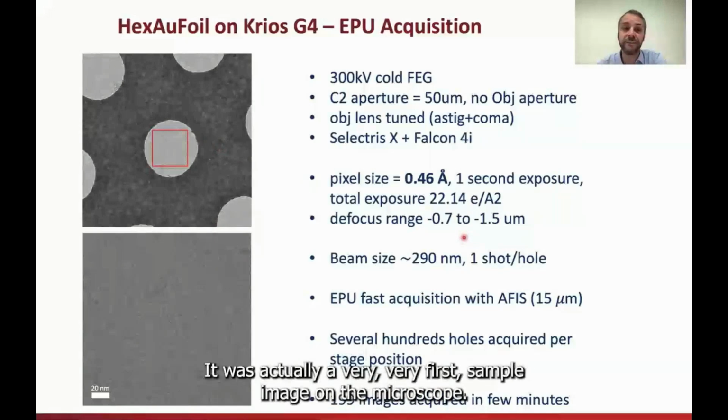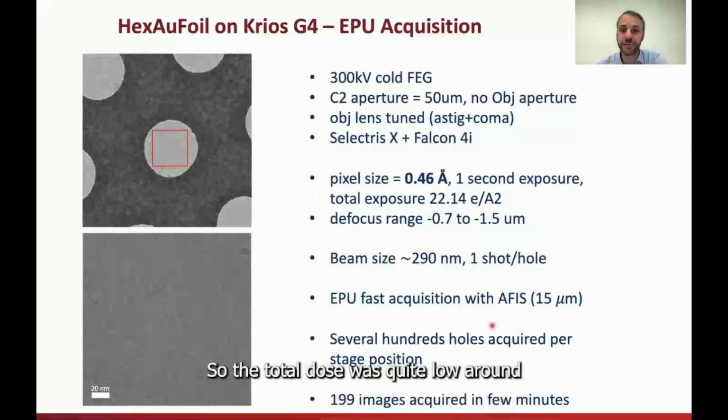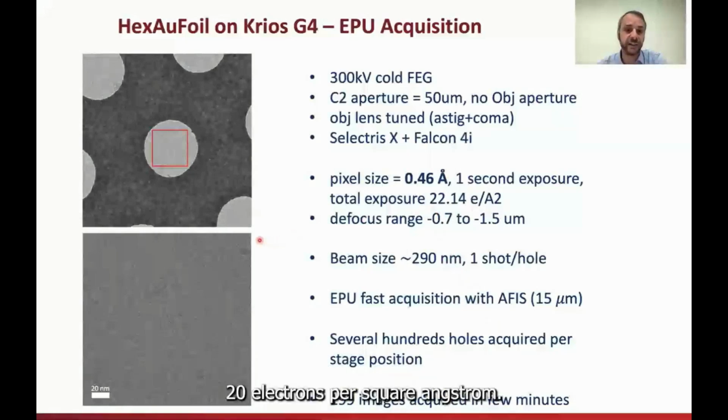It was actually the very first sample we imaged on the microscope, and I just used a 1 second exposure. So the total dose was quite low, around 20 electrons per square angstrom, for a typical image. At low defocus, particles are still visible. And just over coffee time, 10-15 minutes, we were already able to acquire 200 images.